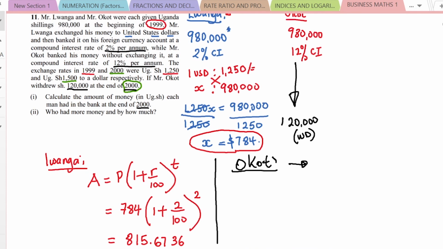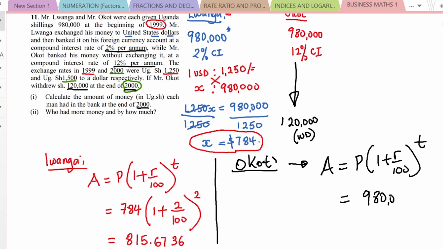First of all, remember the amount he has after is going to be P into 1 plus the rate over 100, to the power T, in other words. So the principal is 980,000. Multiply that by 1 plus the rate.